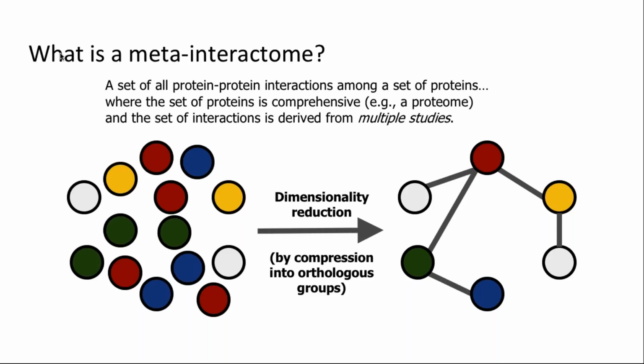I tend to favor orthologous groups because then you can observe data from a number of different model organisms. But essentially what you're performing is dimensionality reduction in the end. You just have less to worry about in the long run.